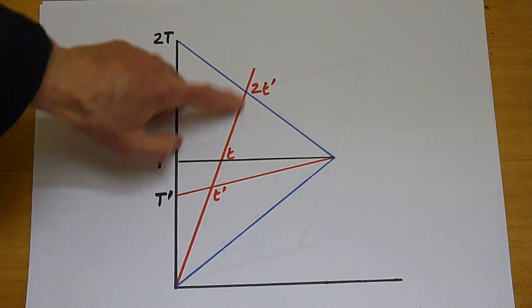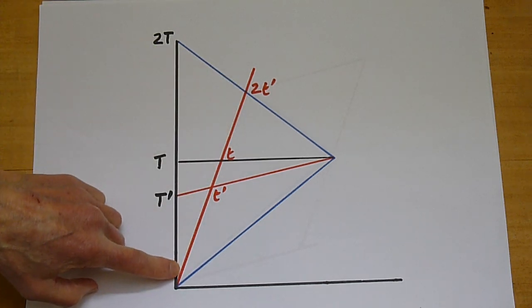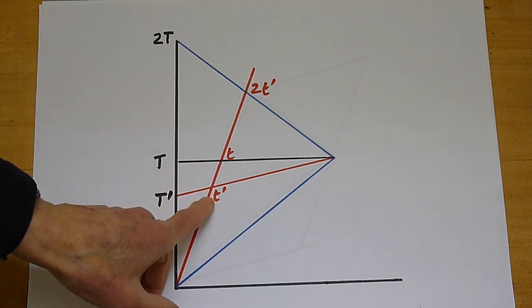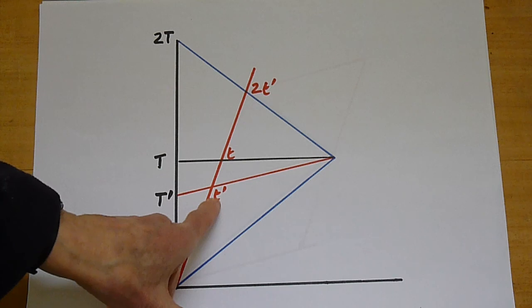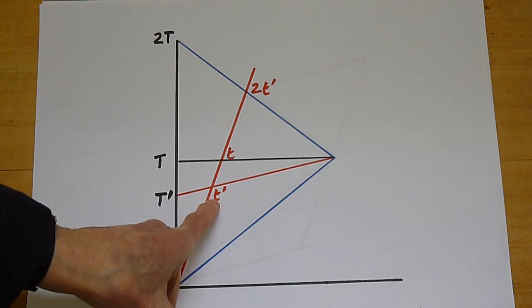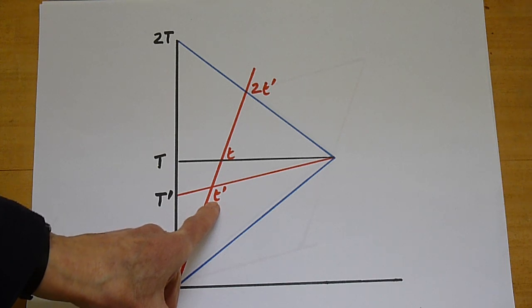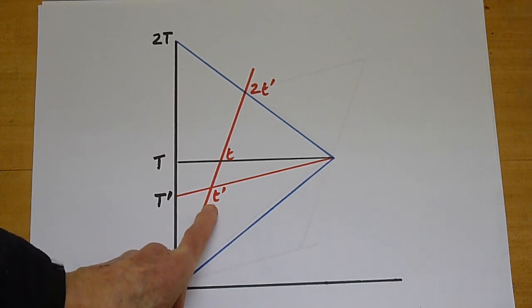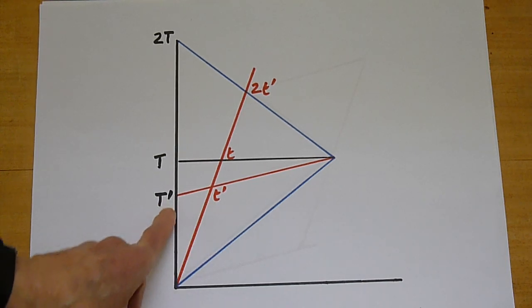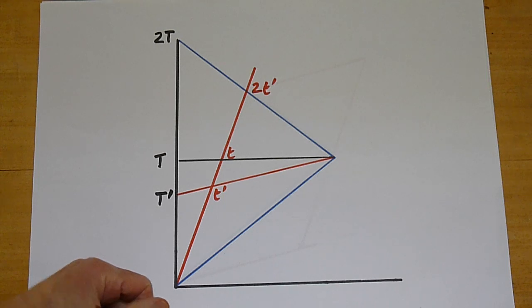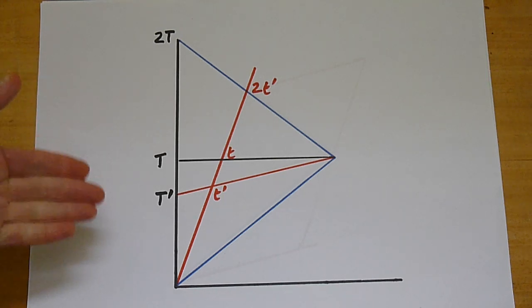This then scales this line, your timeline, from which you can just simply measure on that line and get a value for little t dash. If you then enter little t dash and v into the equations, you will indeed get big T dash. So that represents how the theory works.